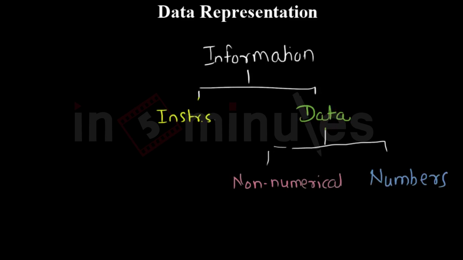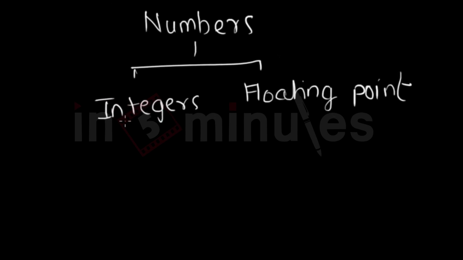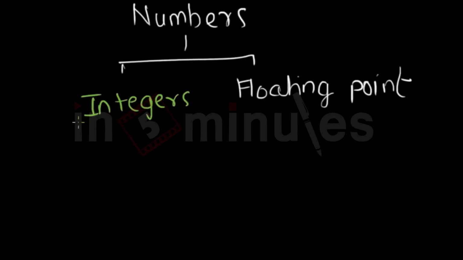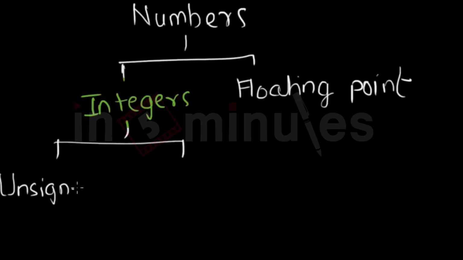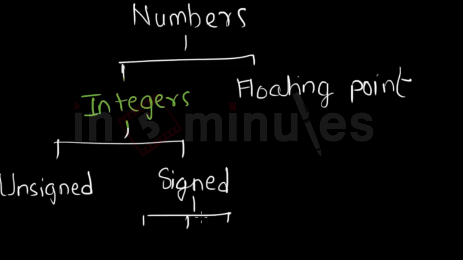Numbers associated with computer arithmetic are divided into two types: integers and floating point. Integers are further classified into unsigned integers, where only magnitude is represented, and signed integers. There are different ways of representing signed integers, which we are going to see in the next video.